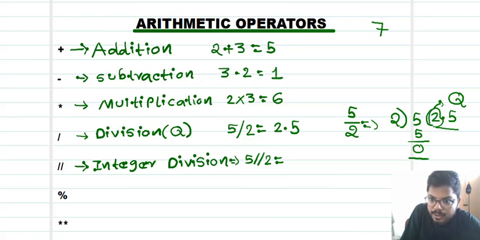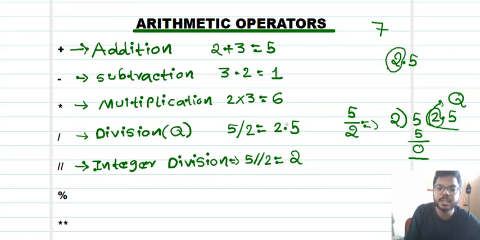It is 2. So for normal division, we will write the quotient directly like 2.5, but for integer division, we will consider only the integer part of that quotient. It is 2.